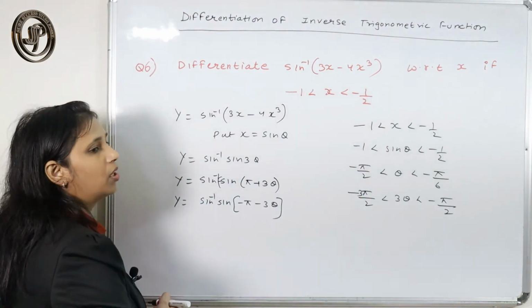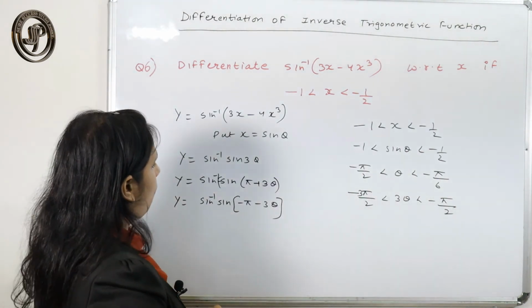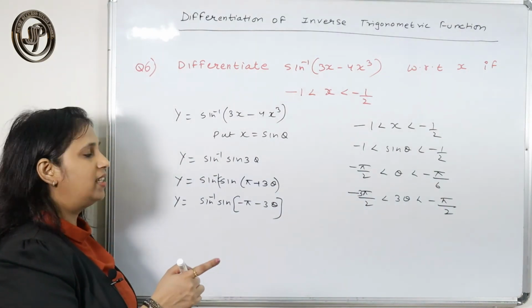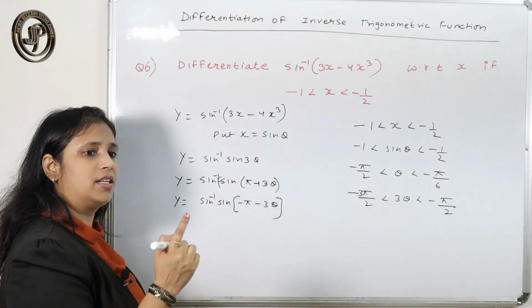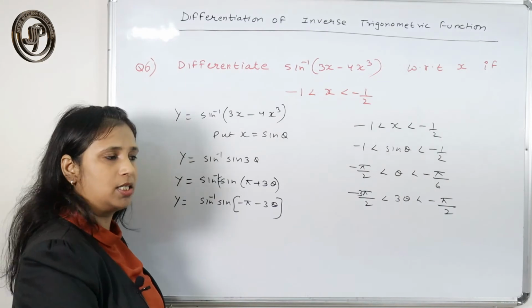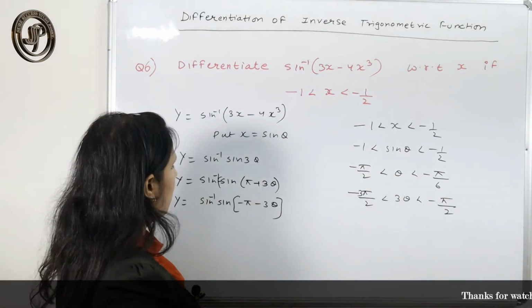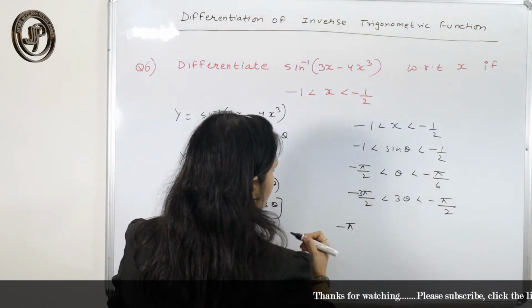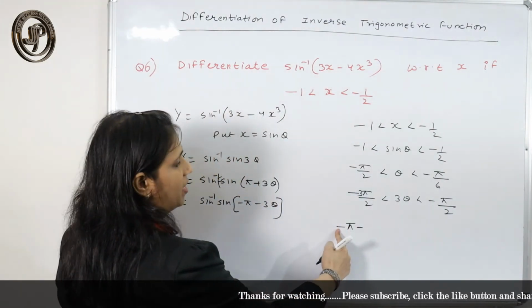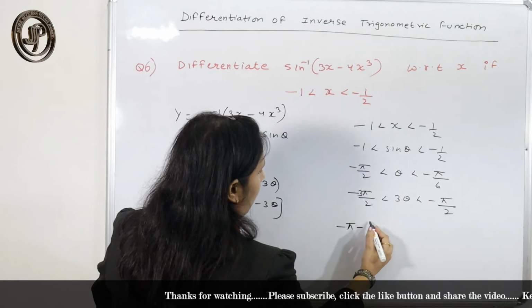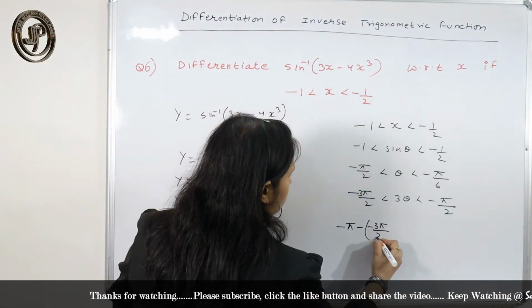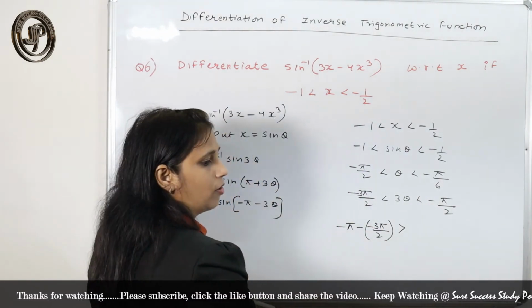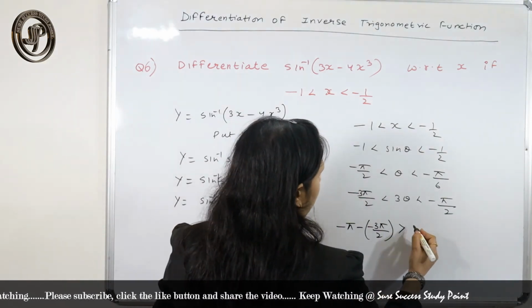That is a very important thing to understand. Now we have to convert 3 theta as pi minus, pi minus 3 theta. So how can we convert it? I have given you the idea. You have to put minus pi minus and minus pi by 2. The inequality gets reversed when you are doing these kinds of things, right?